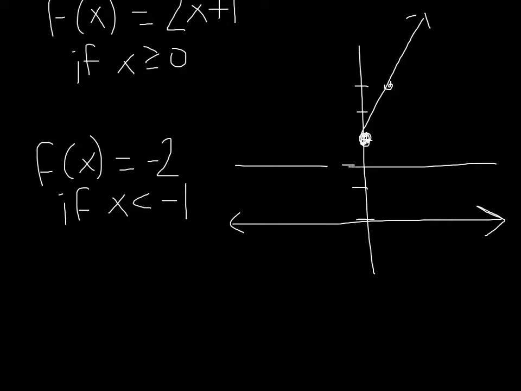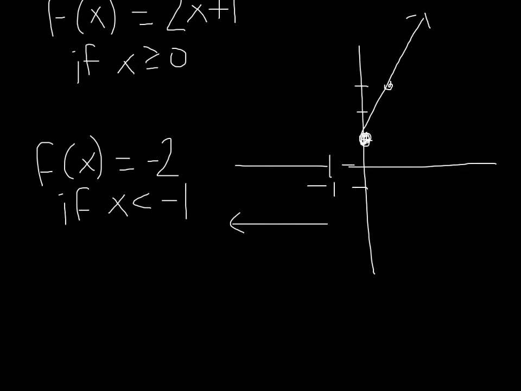But the domain restriction tells us that we can only keep the part where x is less than -1. So that would be from -1 to the left. So we take our eraser tool and we just erase the part that it tells us to not keep.